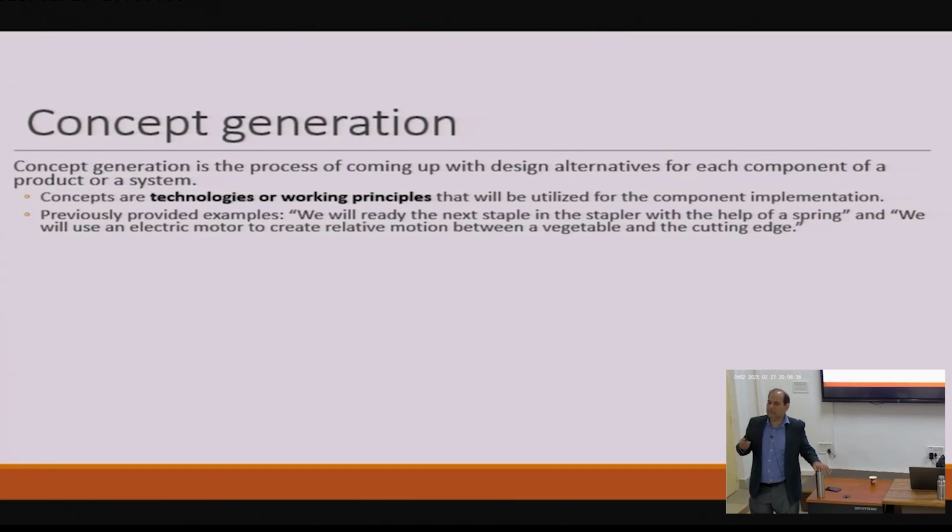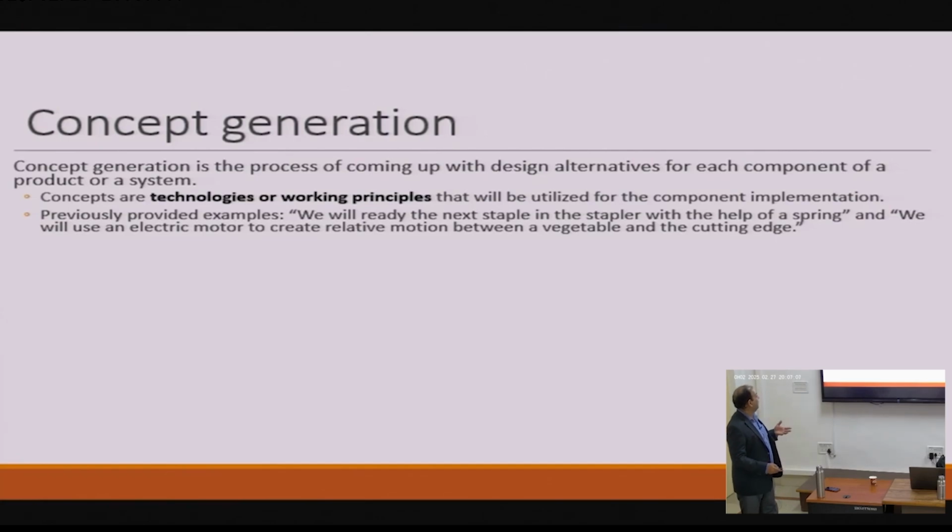You're still not doing detailed design. You're just looking at technologies or working principles. Are you going to use a capacitive sensor, or some other kind of sensor? Do you see what I'm saying? Very general scientific principles that you would use to make that component work.